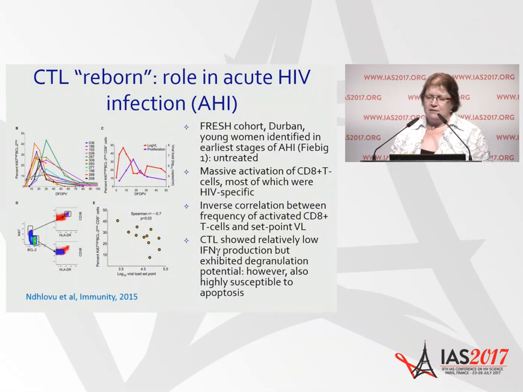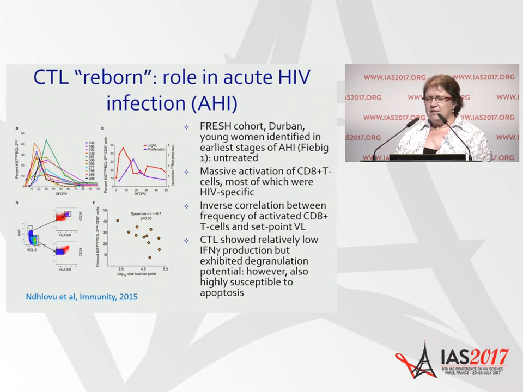So now we come to the reborn part of T cells, and I want to highlight studies, several of which have been presented at this meeting, and in particular the much more detailed studies now of the very early events of acute infection.